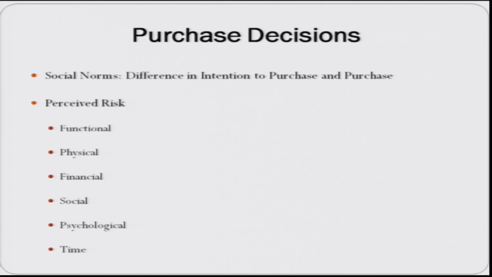It could be in the form of functional risk, whether the product performs well or not, whether the purchase of the product will lead to some kind of financial loss, or it will take you to some kind of mental distress, or it could lead to some kind of time loss. So these are the different kinds of risk that exist with different products, and that plays a very important role in the purchase decision.